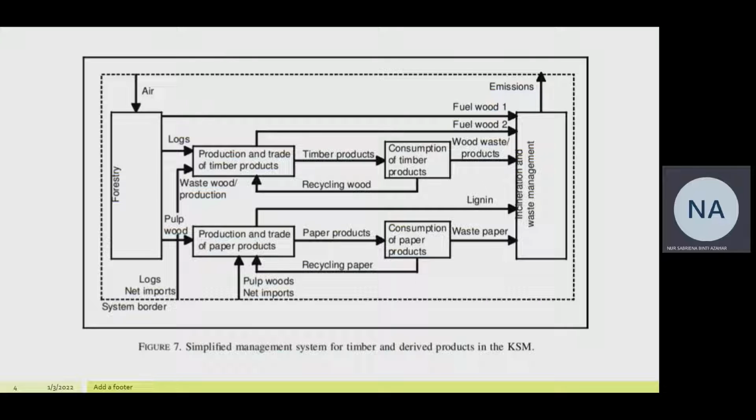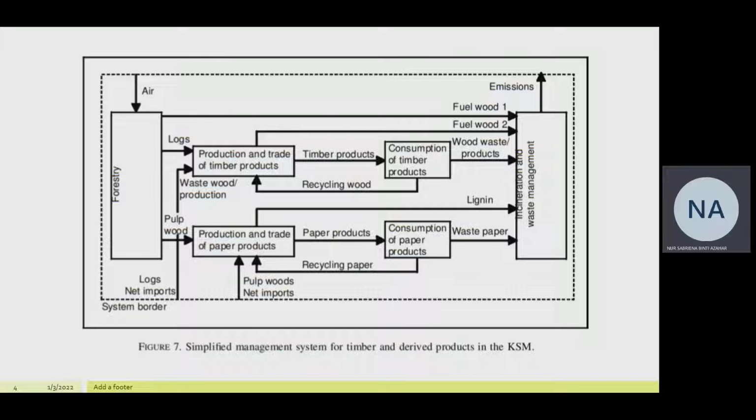The forestry also becomes the input to the production and trade of paper products. In this process, paper products are manufactured from the pulpwood and distributed to the consumers. A byproduct of this production, which is lignin, is transferred to the incineration and waste management. Then the process continues to the consumption of paper products.